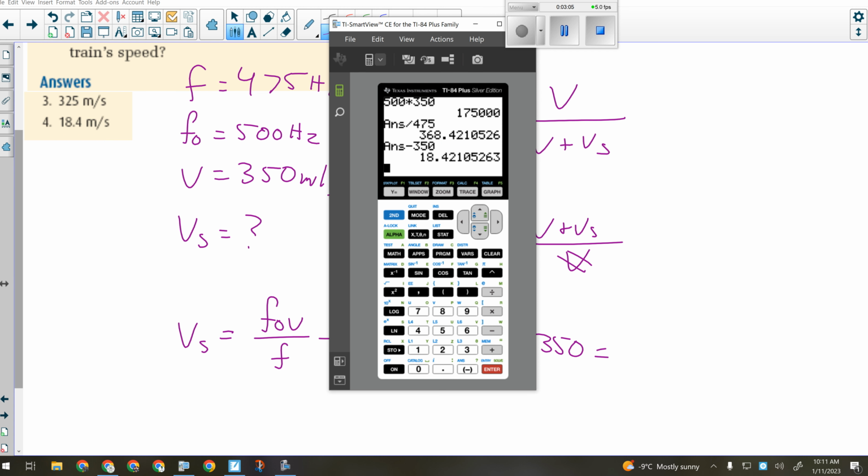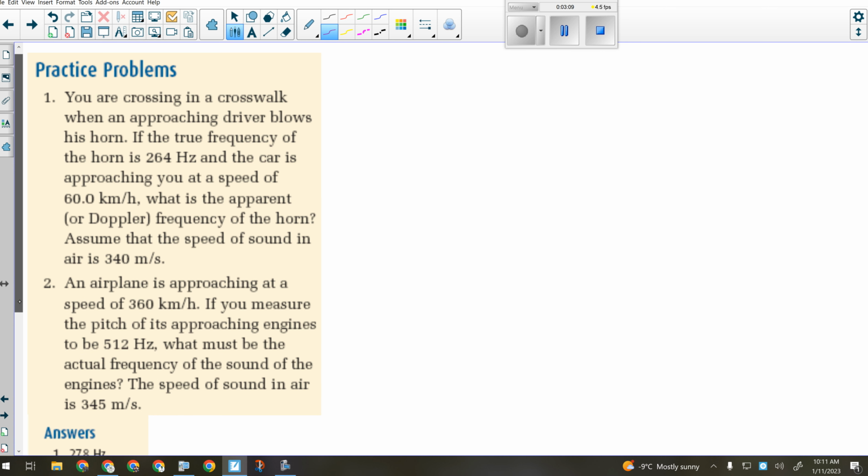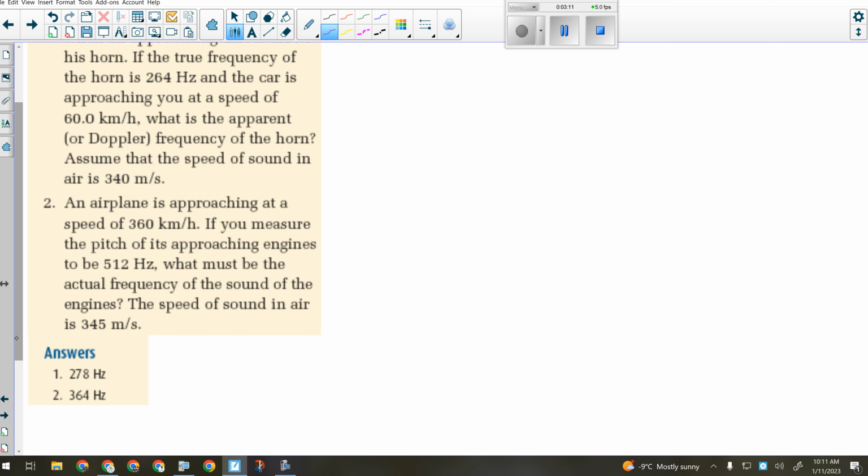Now I'm going to go back because we didn't do number 2 yesterday. I want you guys to try number 2. An airplane is approaching you at 360 kilometers per hour, which, to save you some time, is 100 meters per second, because we divide by 3.6.